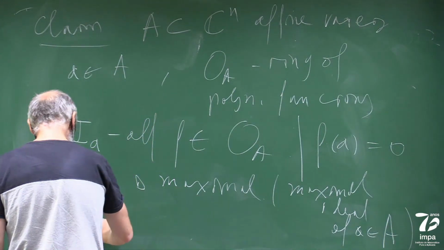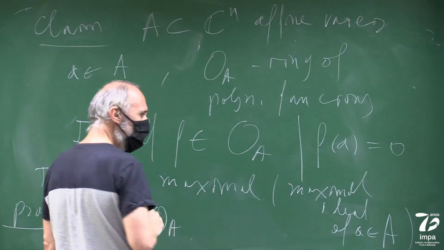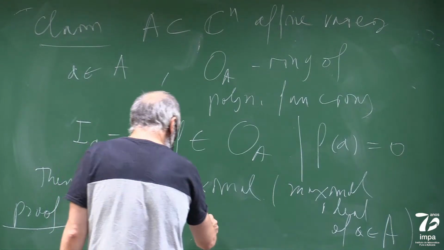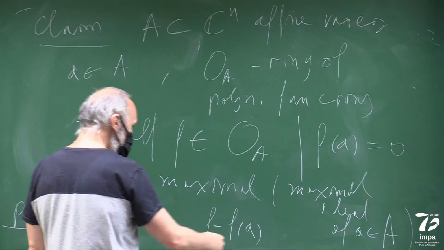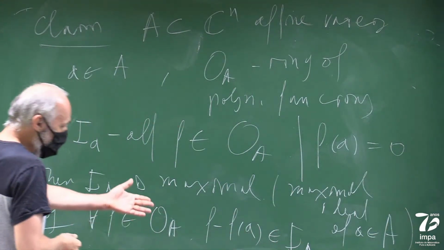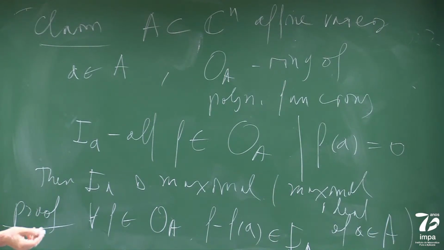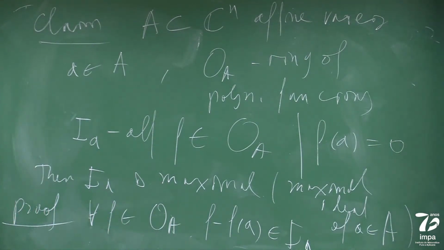So for each f inside this ring, you consider the function f minus f(a). It belongs to this ideal, right? Because it vanishes at this point a. But f(a) is constant.